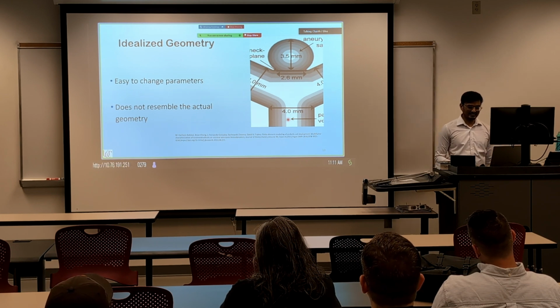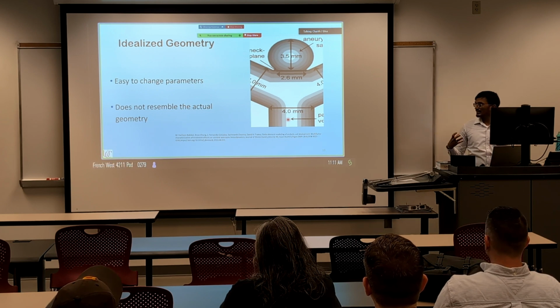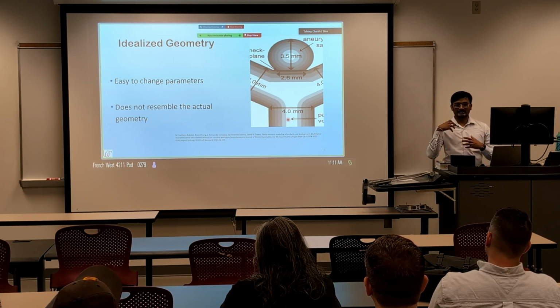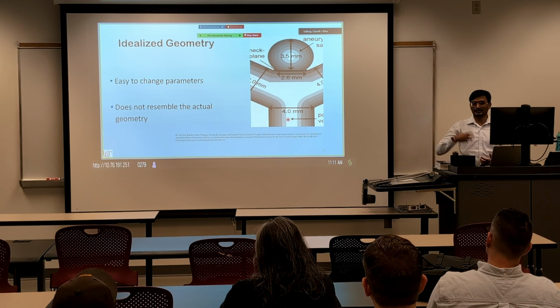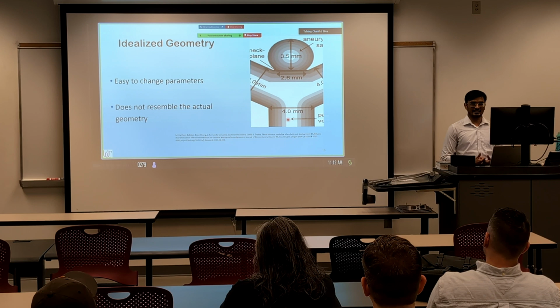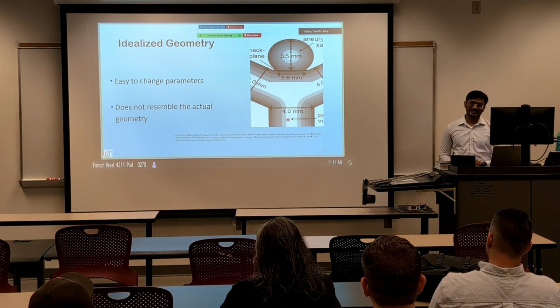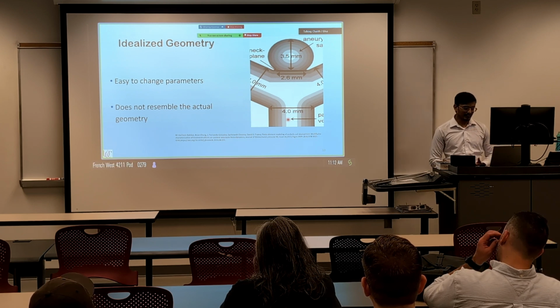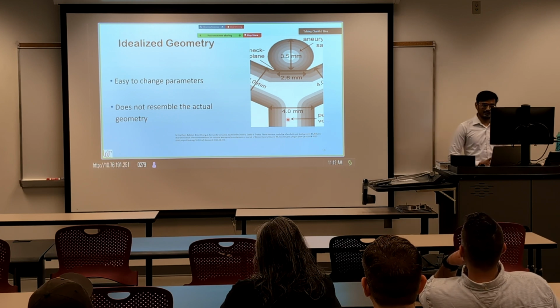And what they have done is, in the process of creating this model, they have used cylinders as blood vessels and a sphere as the aneurysm, and they have combined them together to construct this model, which is a very common thing that people do.